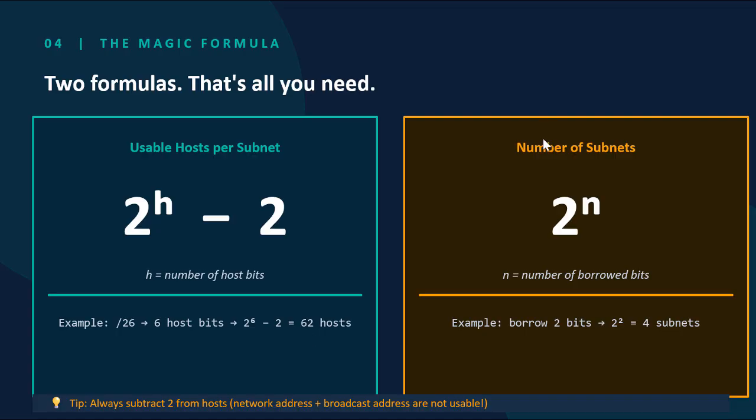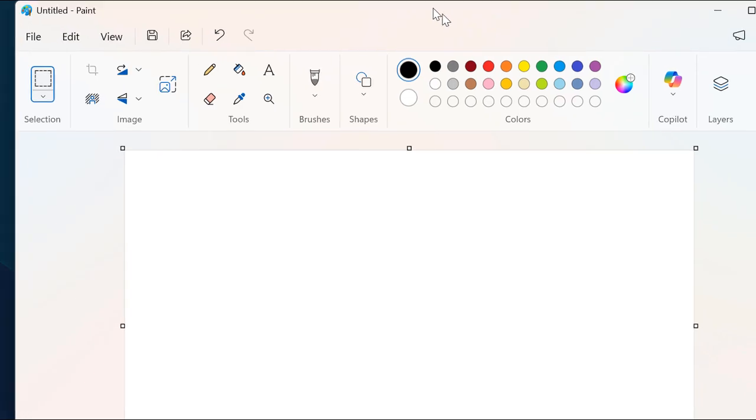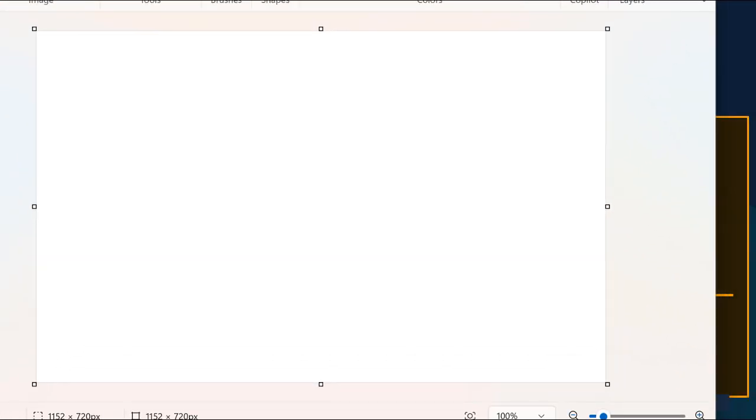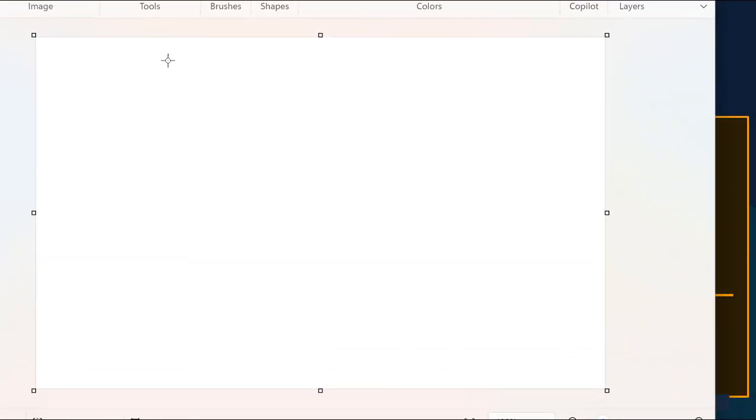Okay, so let's do another example using the same formula. If we have to calculate the number of hosts using /28, how do we do that? /28 means 28 bits are reserved for the network portion.